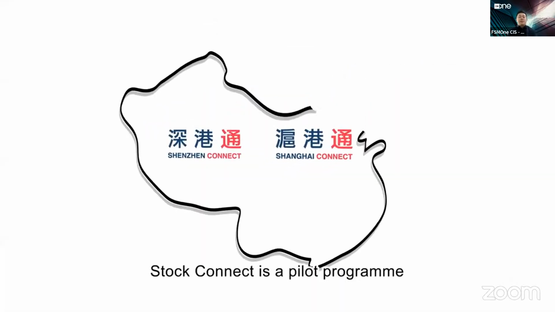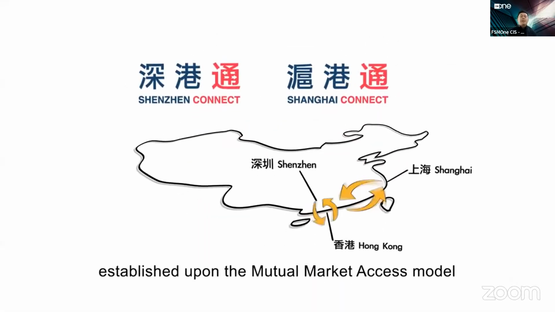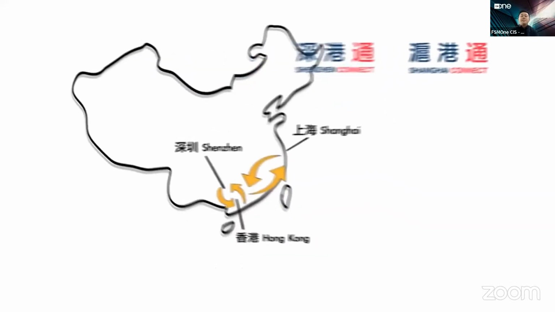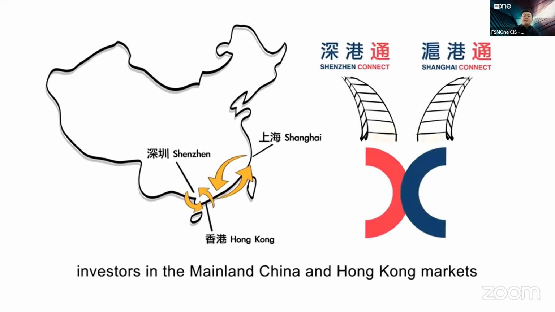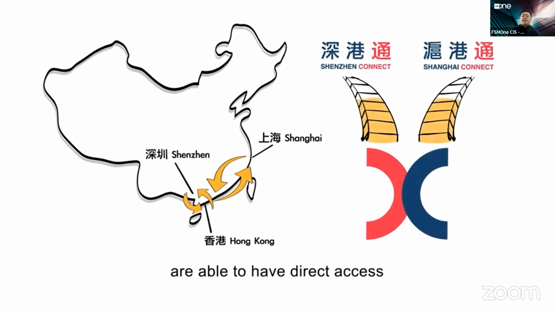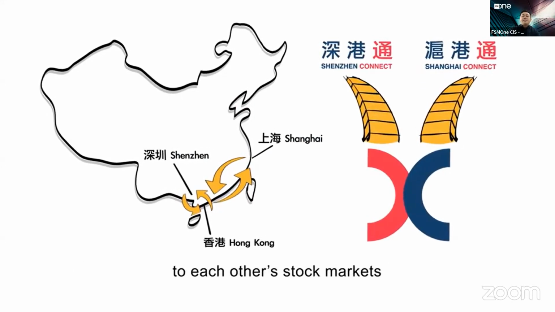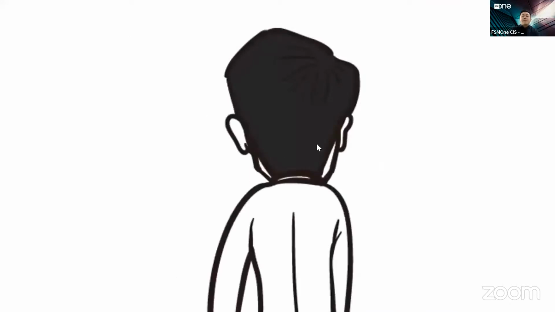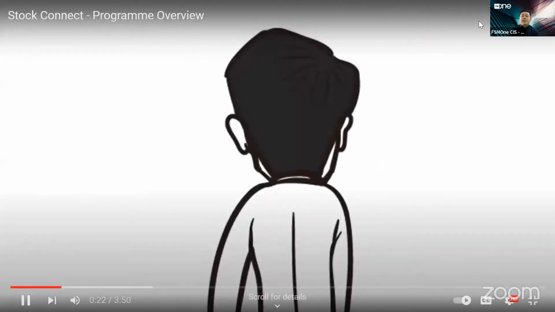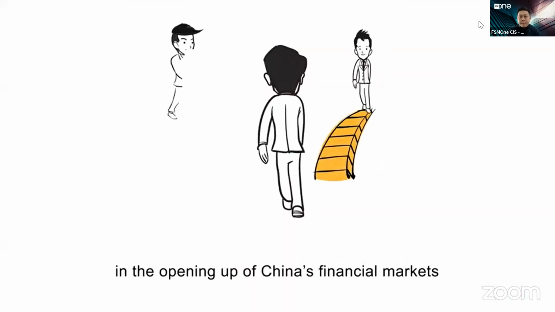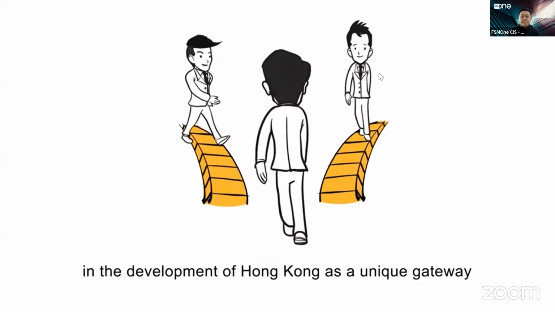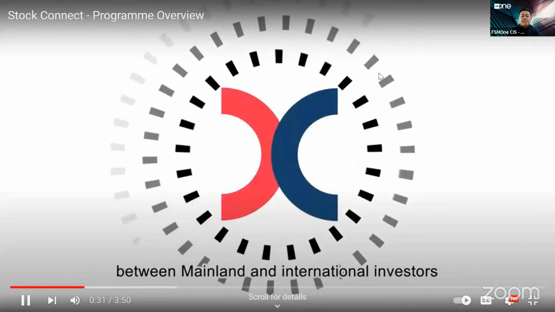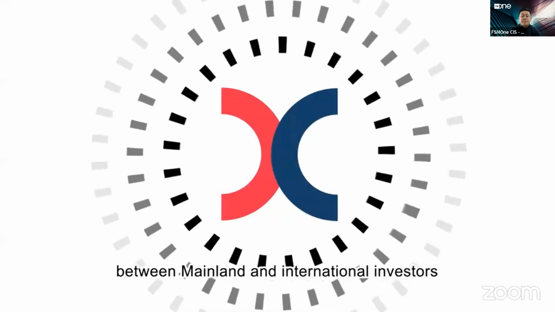Stock Connect is a pilot program established upon the mutual market access model. For the first time ever, investors in mainland China and Hong Kong markets are able to have direct access to each other's stock markets. Stock Connect is a strategic breakthrough in the opening up of China's financial markets and a great milestone in the development of Hong Kong as a unique gateway between mainland and international investors.